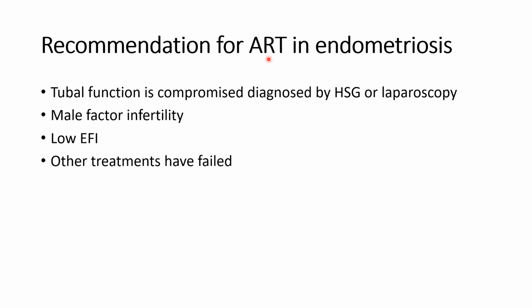They are advised when there is diagnosed defective tubal function, which is diagnosed by hysterosalpingography or laparoscopy; if there is confirmed and proven male factor infertility; if there is a low estimated endometriosis fertility index; or if other treatments have failed. So these are the 4 recommendations for which ART is recommended in a woman with endometriosis.